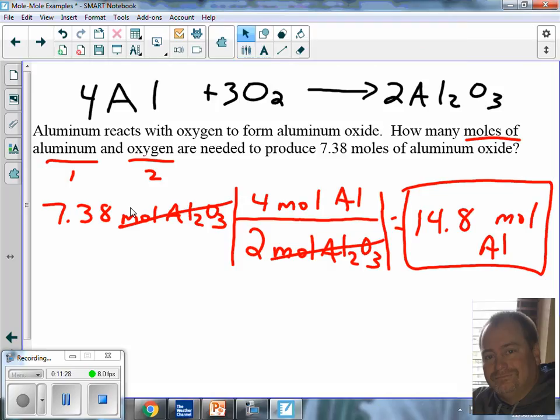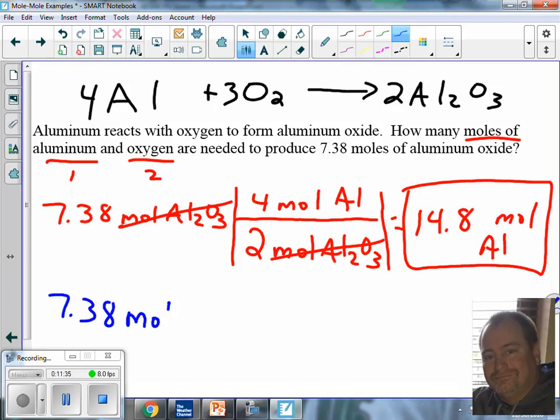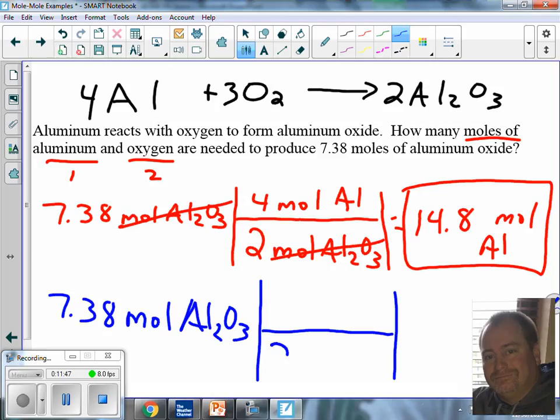Second answer. I'm going to go back to the 7.38 mole of Al2O3. Now my conversion box is going to be, on the bottom is still 2 mole of Al2O3, but on the top now is going to be oxygen, 3 mole of oxygen.